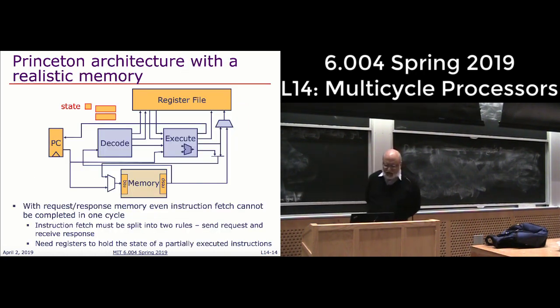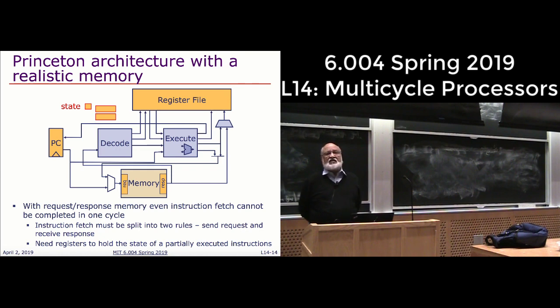Okay, so now this is going to be our architecture, with realistic memory. What are the complications now? When we replace the magic memory with this, you suddenly realize you can't do an instruction read like this. You have to initiate the instruction read. Only in the next cycle will you get the value back from the memory.